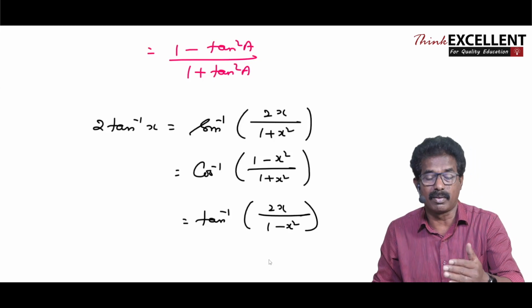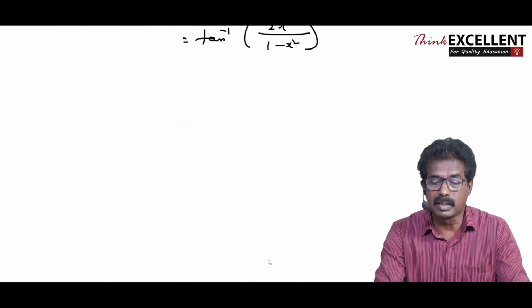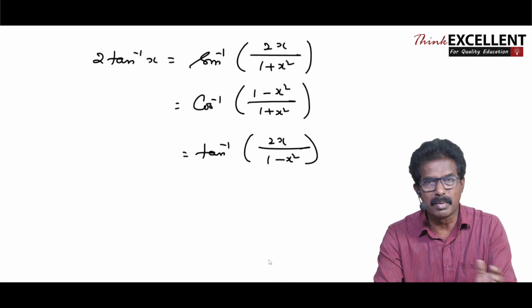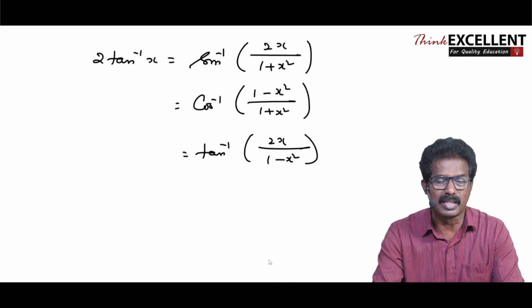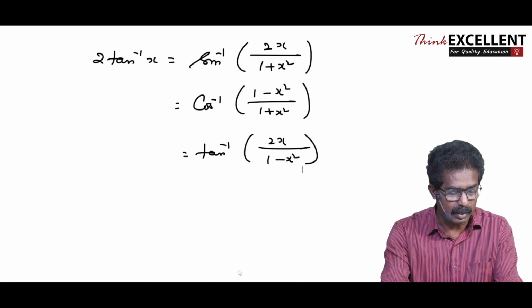All these come from the 2a formulas. These are some of the very important results. In addition, you learn the properties, remarks, all the results, everything. Okay. Now we start with question number 11.